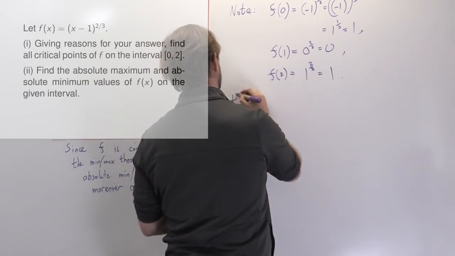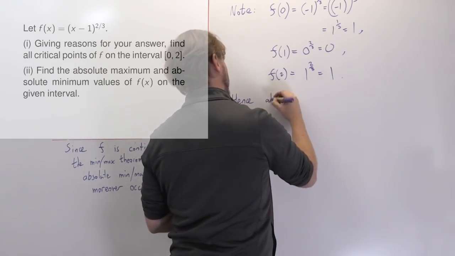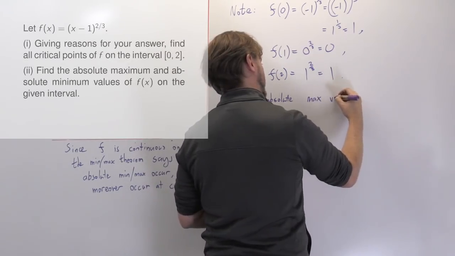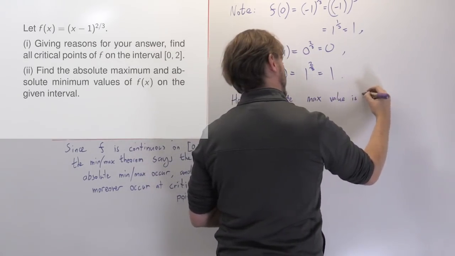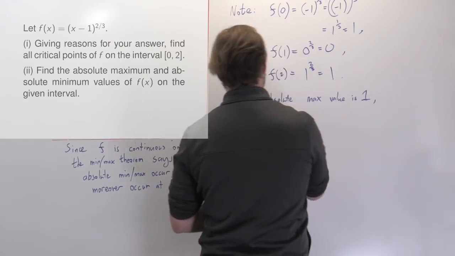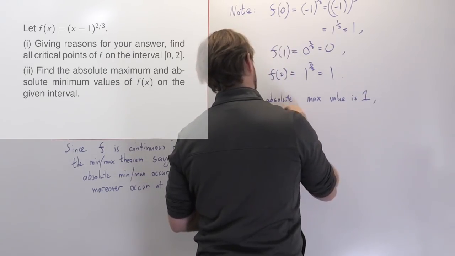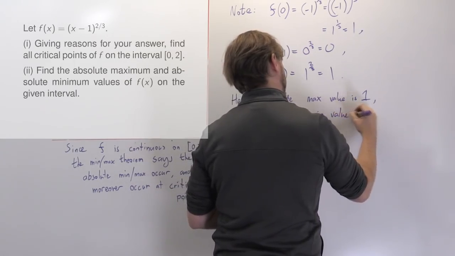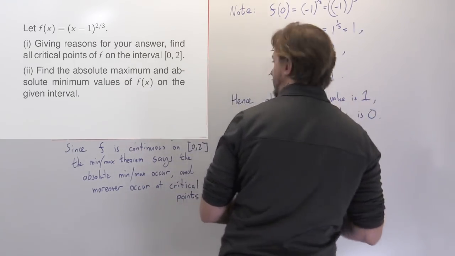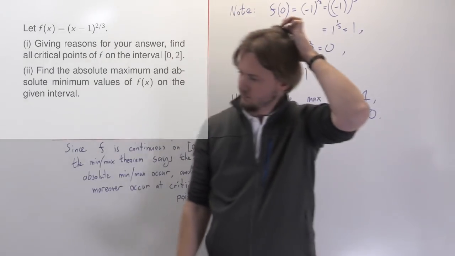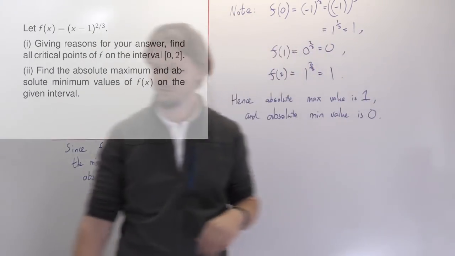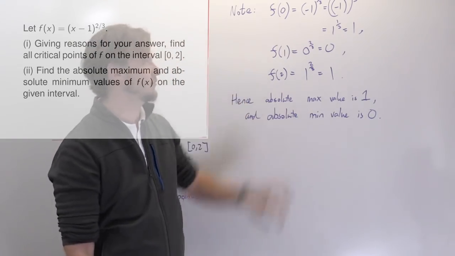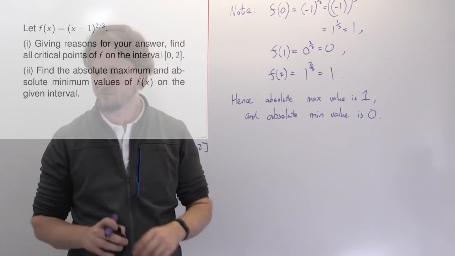So the absolute max value is 1, and the absolute min value is, in this case, 0. You might have been able to spot that from just looking at the function, that clearly 0 is the smallest value, but this is a nice way of using the critical points to find them.